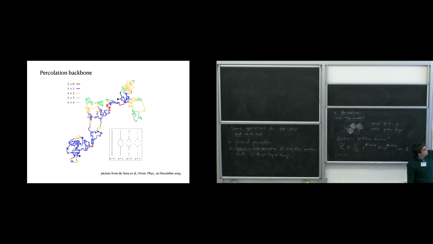There's another type of geometric question that you can ask about percolation, which has fascinated generations of theoretical physicists, the so-called percolation backbone. What you do is you look at a certain percolation cluster. Then you take two points on that cluster, and you view the cluster as some big graph with different connectivities that goes from one point to the other.